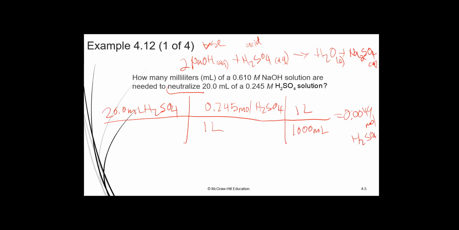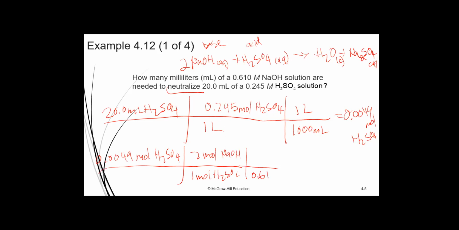We can then take that moles of sulfuric acid and turn that into our moles of NaOH and then get that into a volume. So 0.0049 moles H2SO4. We know that if we had 1 mole of it, we can make 2 moles of NaOH. And we know that if we had 0.610 moles NaOH, that would be 1 liter of solution.